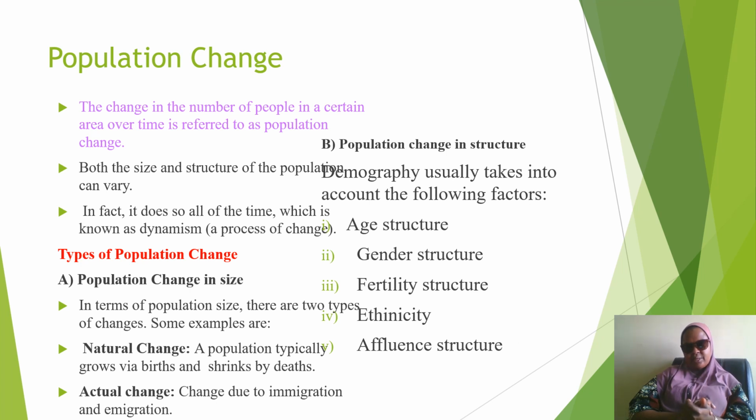And if there are people who are more fertile, like the women of childbearing age are many, it means that there must be effective family planning arrangements in such a population. We also have ethnicity, the ethnic distribution in terms of who are the ethnic groups in the population. For example, in Nigeria, we have Igbo, Yoruba, and Hausa, the three major ethnic groups.